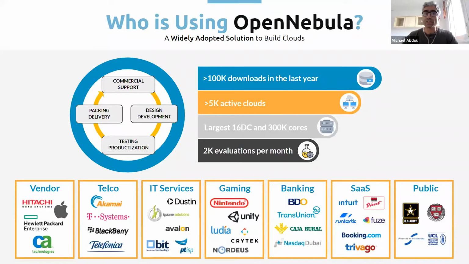Okay, so this here is just a slide to highlight who's using OpenNebula. As I pointed out, from the standpoint of it being open source software, there are over 5,000 active OpenNebula clouds currently running. As a measure of scalability, one of the largest ones we're specifically aware of is running across 16 different data centers and has over 300,000 cores.